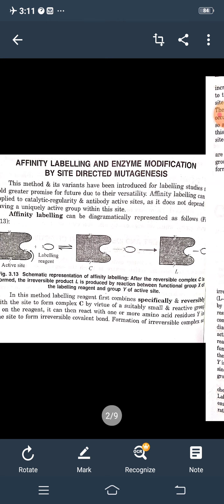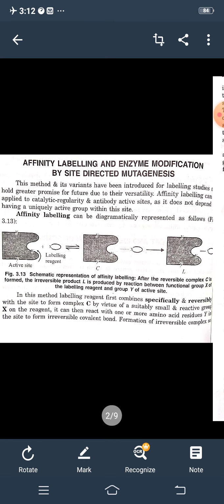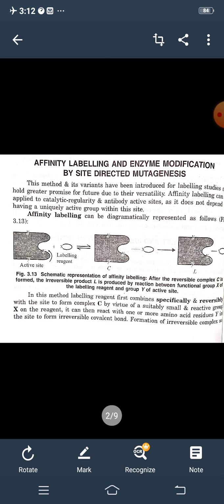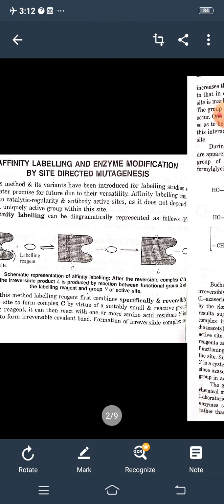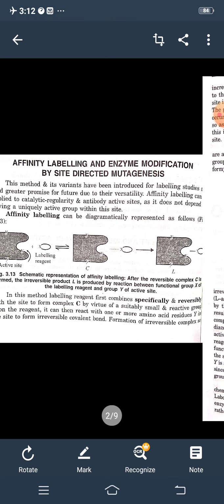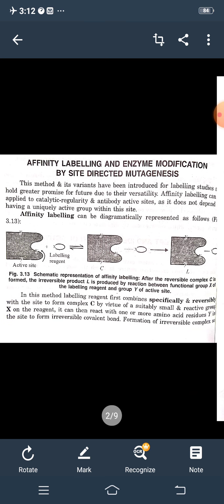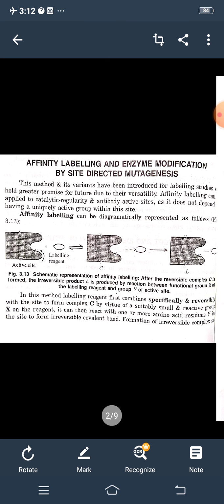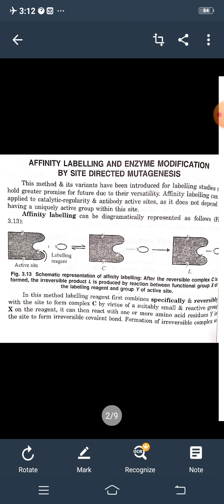In this diagram, C is the complex. The irreversible product L is produced by reaction between functional group X of the labeling reagent and Y of the active site. In this method, the labeling reagent first combines specifically and reversibly with the site to form complex C by virtue of a suitably small and reactive group X on the reagent.